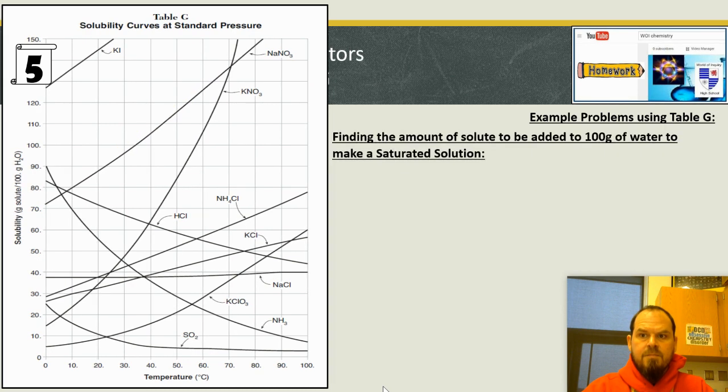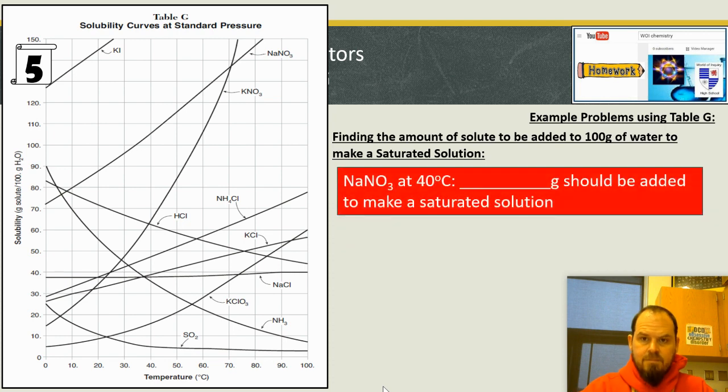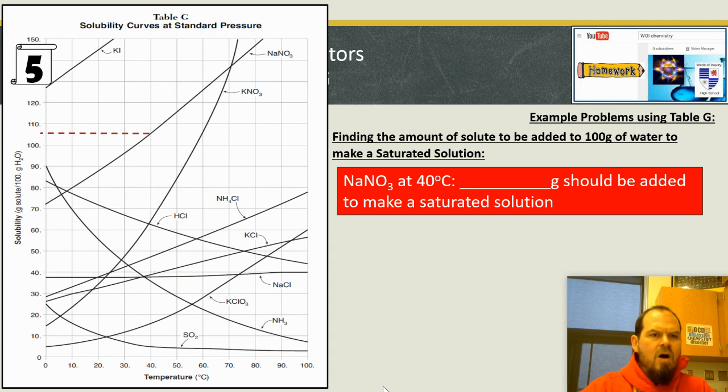Next part is find the amount of solute added to 100 grams of water to make a saturated solution. So how much more do I have to go to get up to the line? So here's our example. At NaNO3, I need about 106 grams to have a saturated solution.